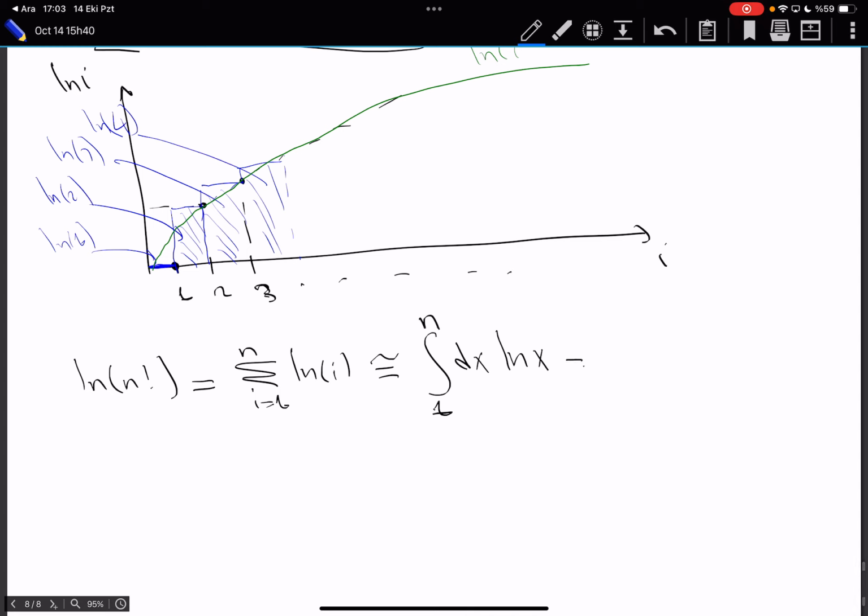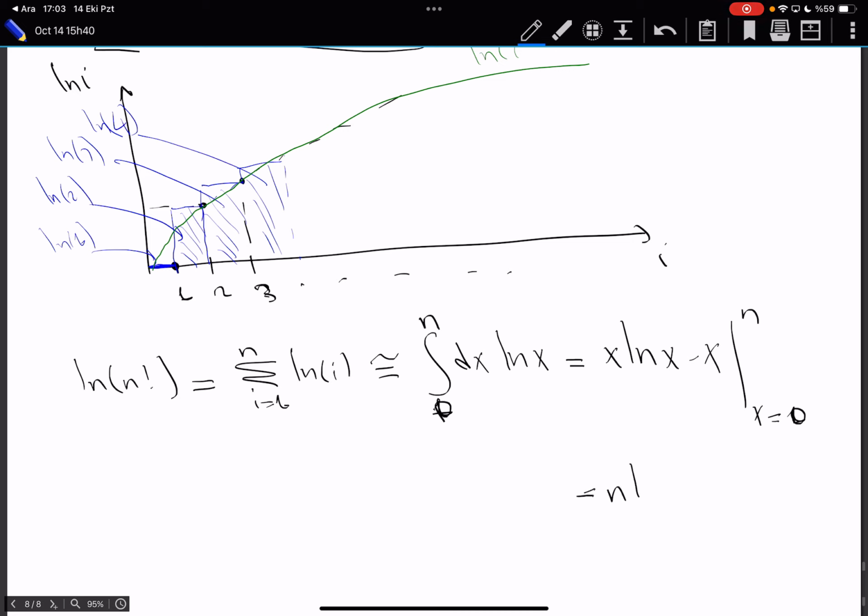Well, what is the integral of logarithm of x? If you like, it's even from 0 up to n.